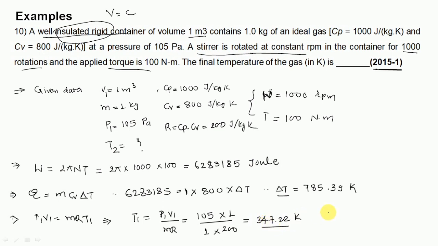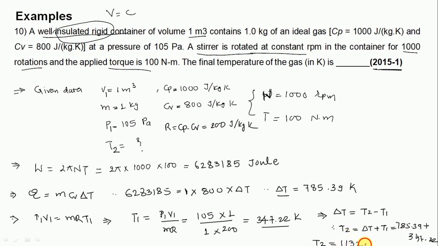Now we need to find T2. We know delta T is the temperature difference, and it's equal to T2 minus T1. So from this equation, T2 is equal to delta T plus T1. Delta T value is 785.39 plus T1, which is 347.22. Take the summation and you get the value of T2, and T2 is 1132.52 Kelvin.